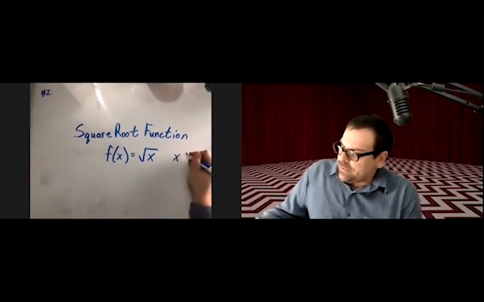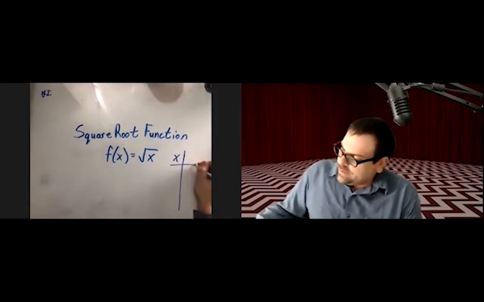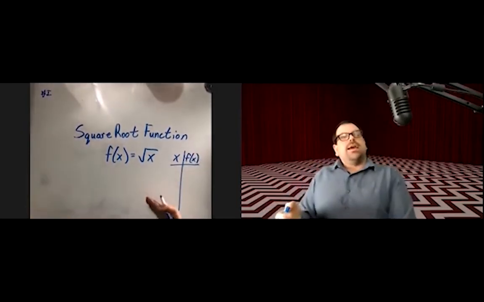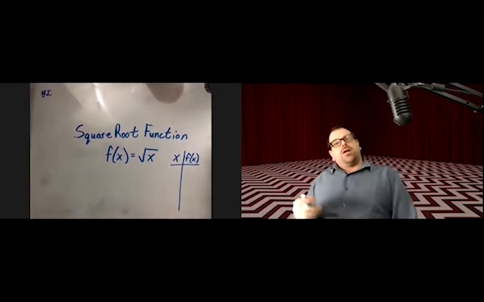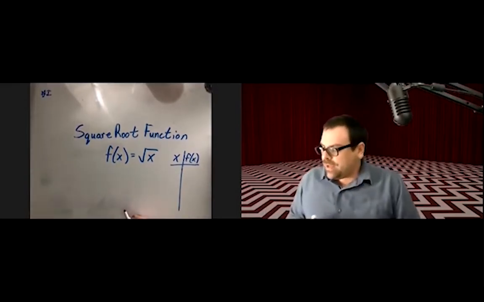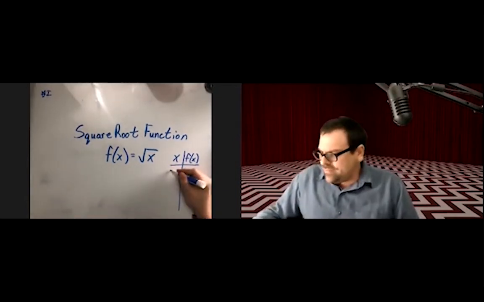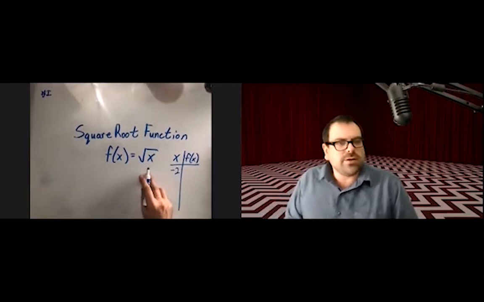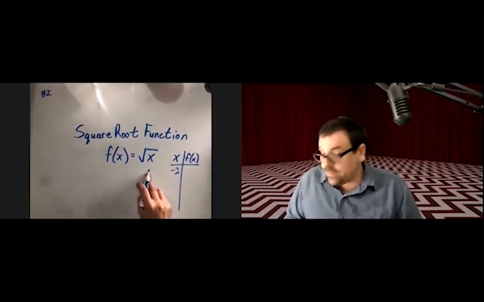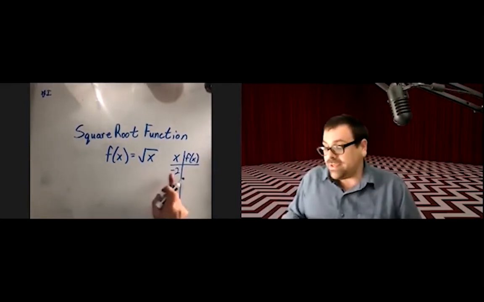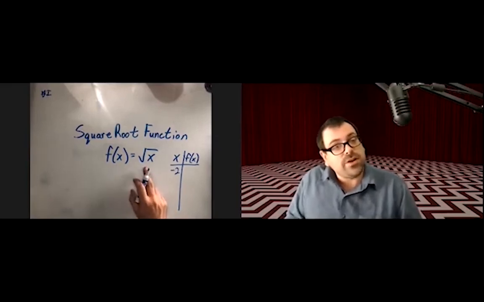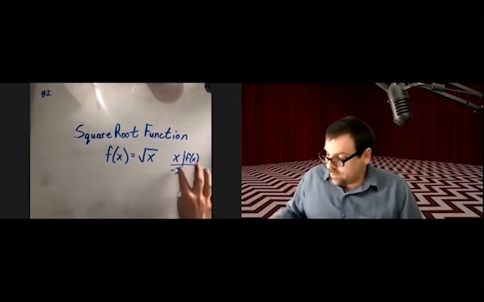When I make my table this time, normally I put negatives, 0, positives. Here, negatives aren't going to do anything. They're literally not going to do anything because I can't take the square root of a negative number. Not in the real number system.